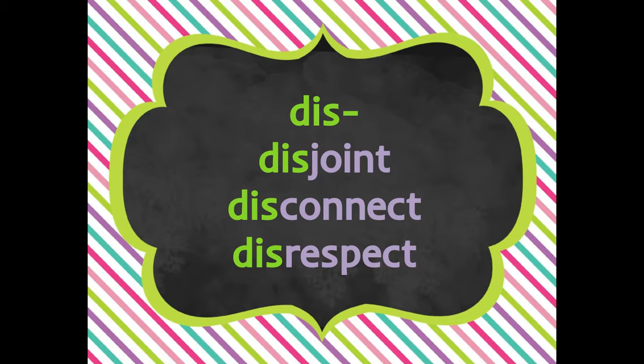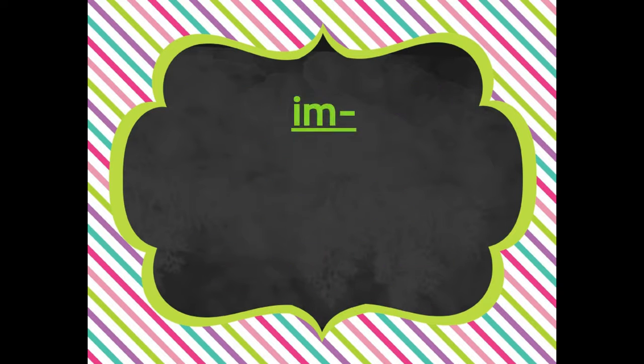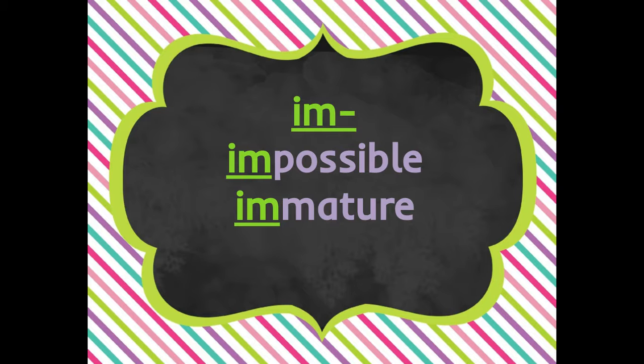The next prefixes we're going to look at are im, il, and ir. I've put these three prefixes together because they have a very similar meaning, not. You can make these words with im. Impossible, immature.